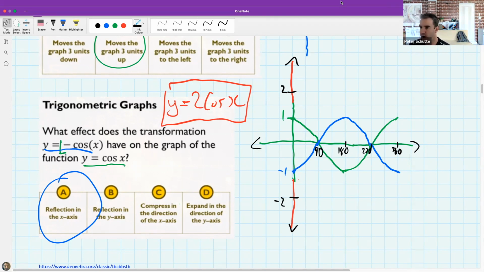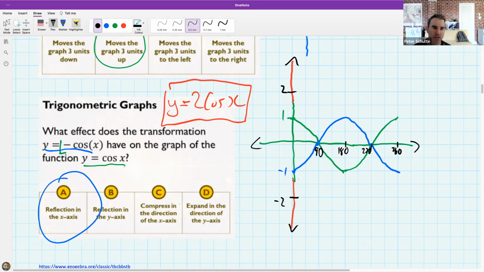While we're waiting for people to draw, I'd love somebody to put in the chat what type of transformation this 2 is, what does this change, or what word is related to this 2? Or maybe you can even come on and tell me a little bit of what you think the 2 is doing. What is it causing to happen? What do you think, Zanele?